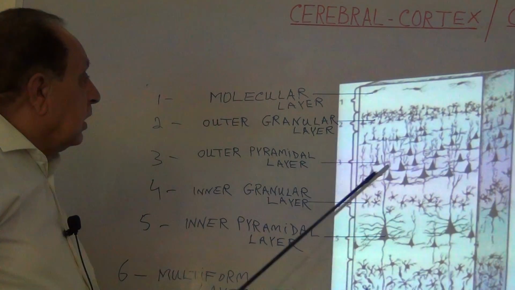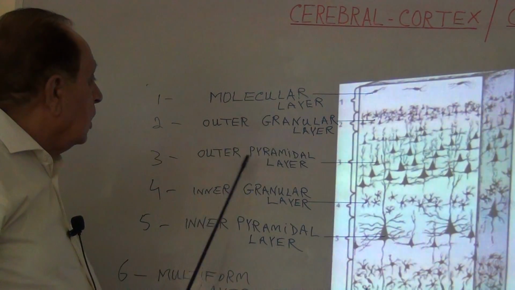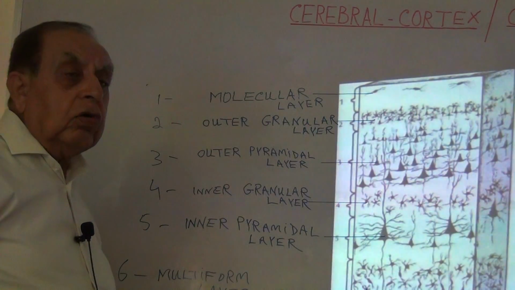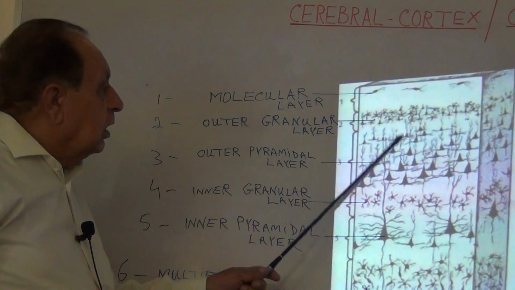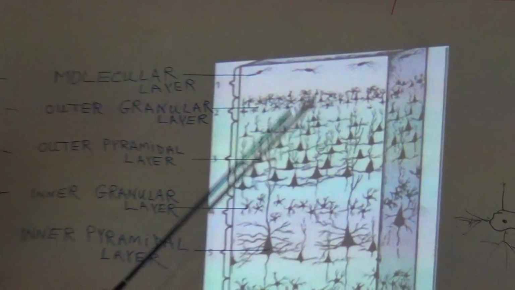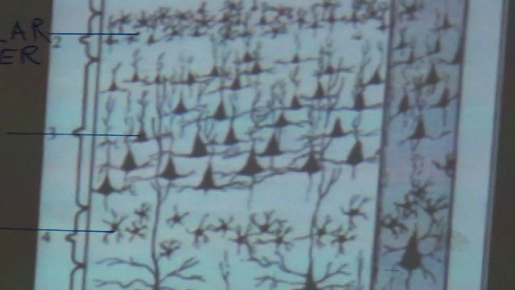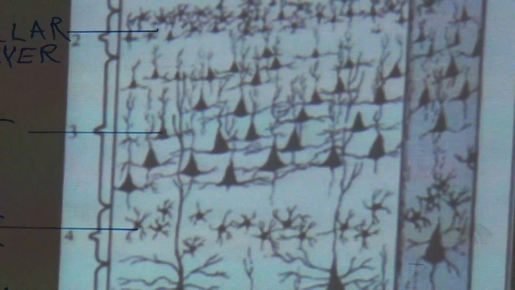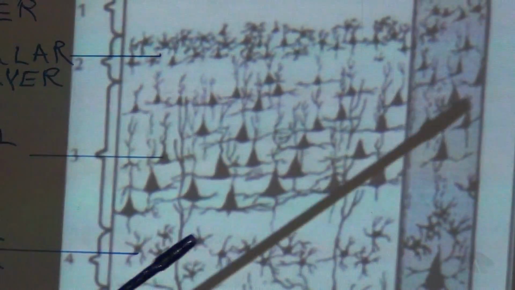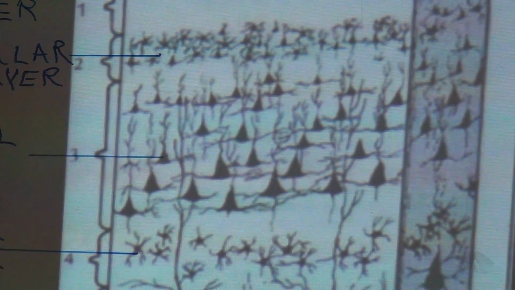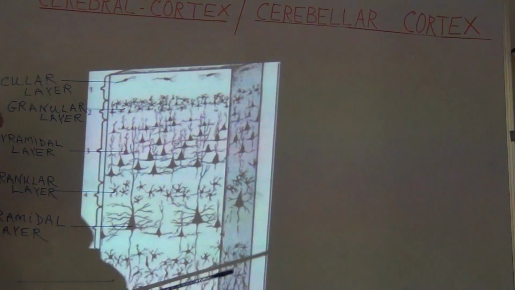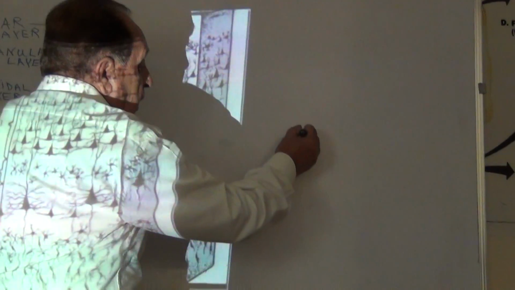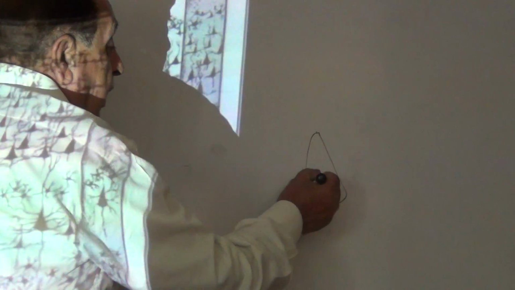The third layer is the outer pyramidal layer. This layer contains the medium sized pyramidal cells, having a nucleus in the center.